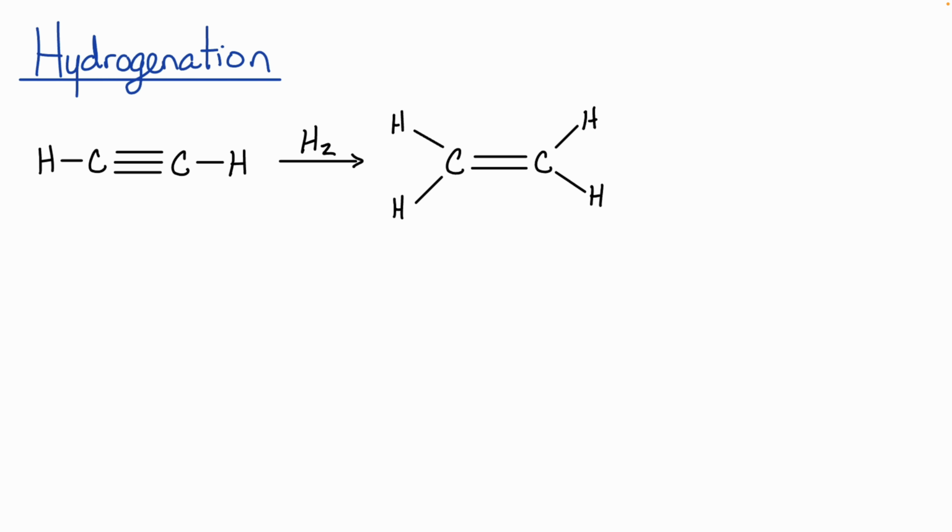So if we hydrogenate an alkyne, we get what functional group? An alkene. But what do we know about alkenes? Can't I hydrogenate alkenes as well? Yes, and so that we could hydrogenate to an alkane.